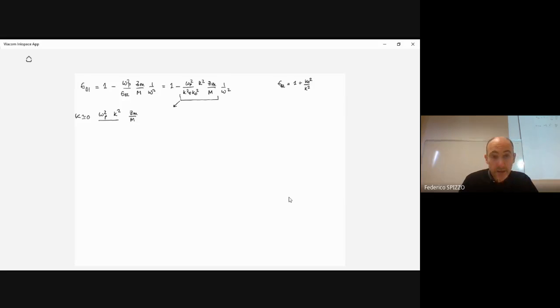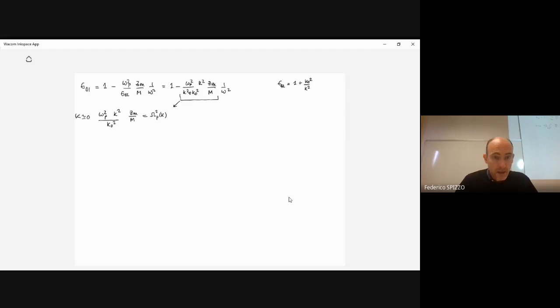At the denominator, you may neglect K squared with respect to K0 squared, so you have just K0 squared. So this is a sort of plasma frequency of the ions that depends on the wave vector, because we have K squared here.